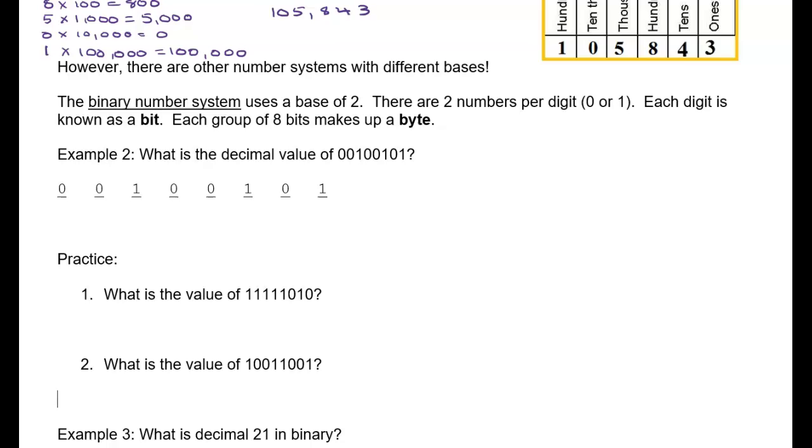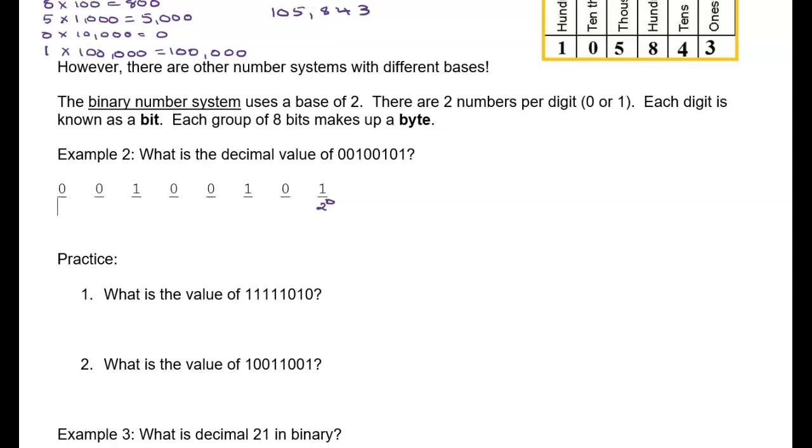Each digit in binary is not separated by ones, tens, hundreds, thousands, etc. It's separated by powers of 2. For example, this digit is going to be 2 to the 0 power.